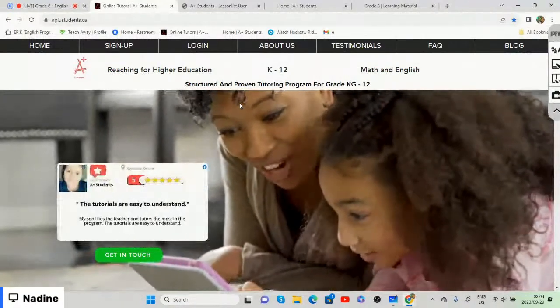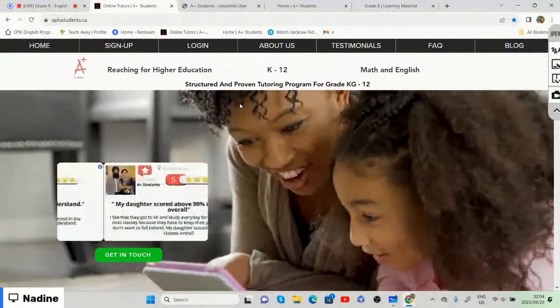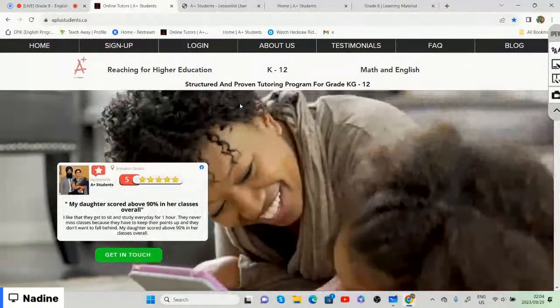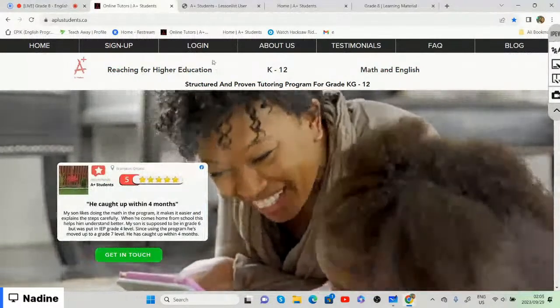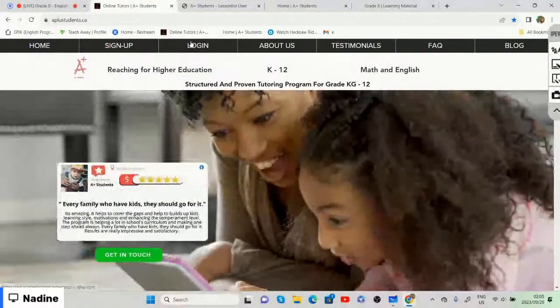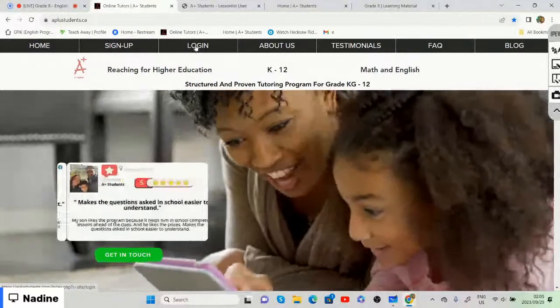All right, so once you have selected grade 8, you're going to scroll down until you get to the chapter of direct and indirect objects.